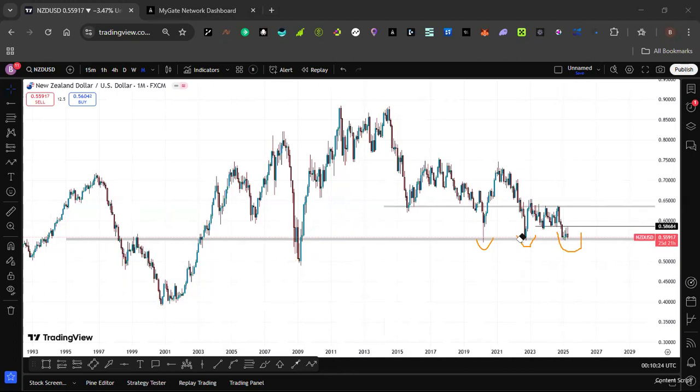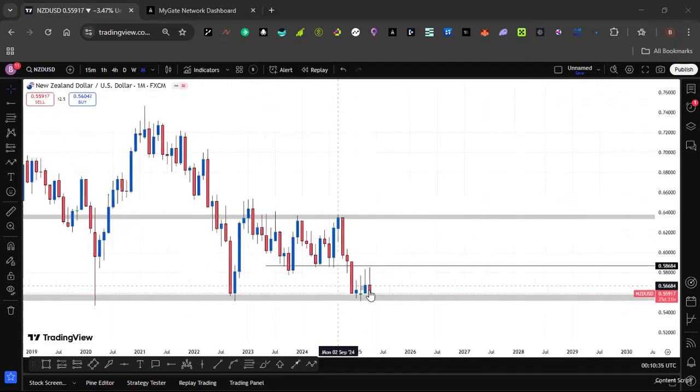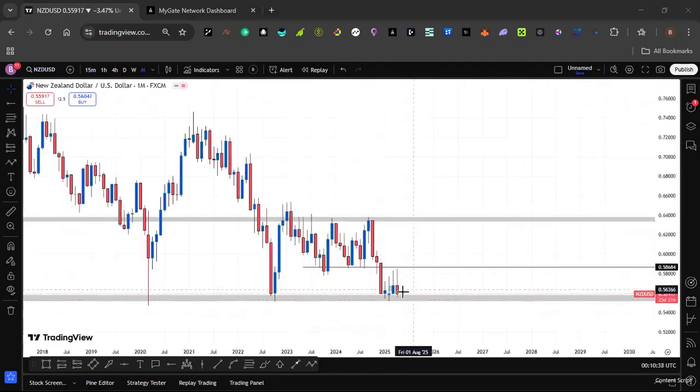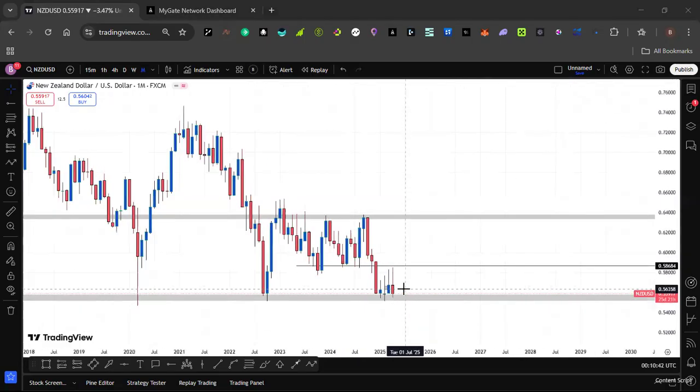And as you can see, this level is a very strong level all the way from the monthly time frame. And looking at the way the candlesticks are arranging, this is a reversal pattern.